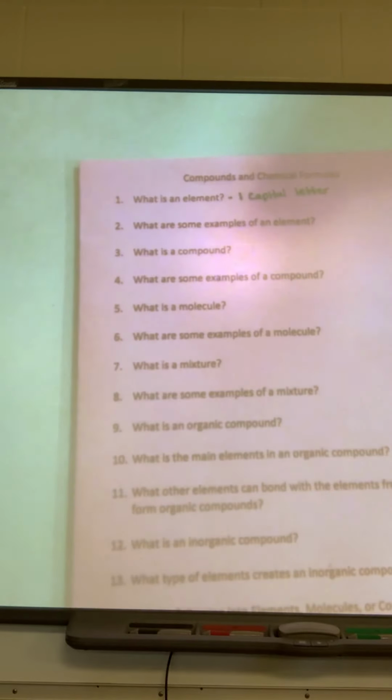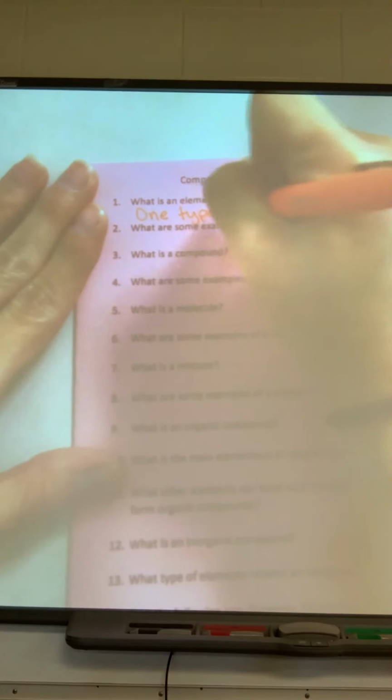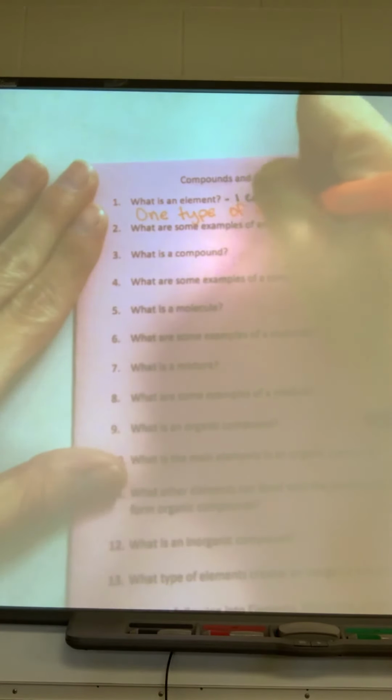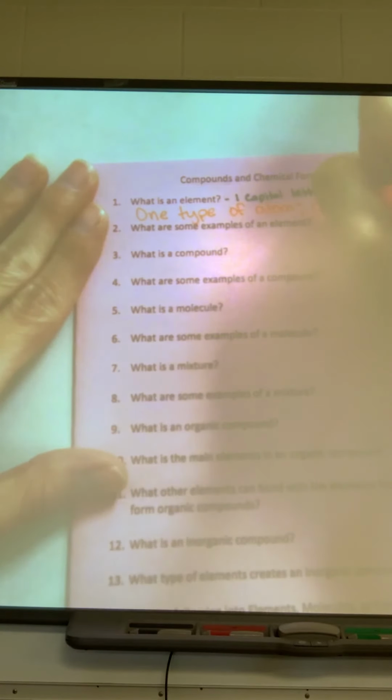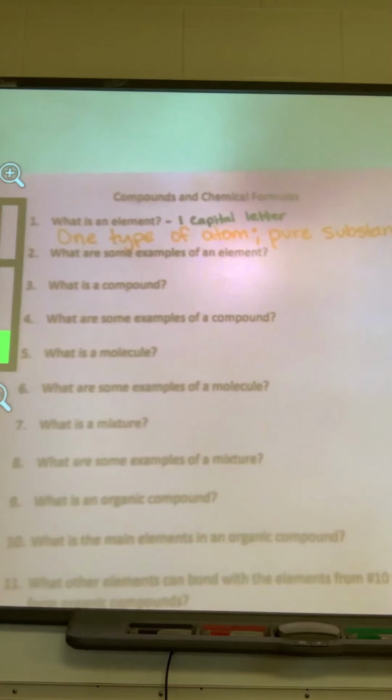An element, though, is one type of atom. It can be a pure substance, meaning that it's in its original form. We could find it in nature, or it'll be man-made, but everything is neutral in this element, okay? So my protons and my electrons are going to be the same number.